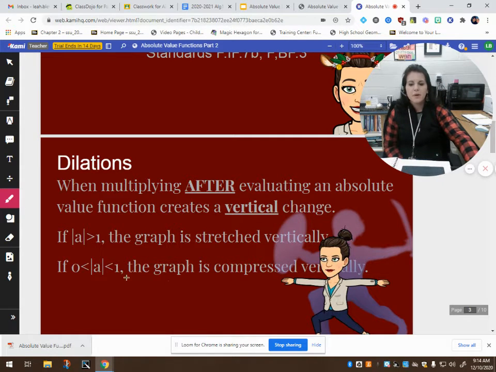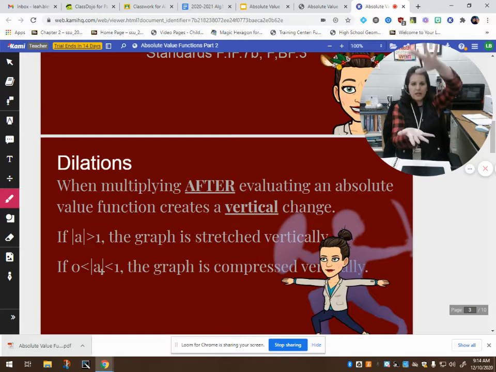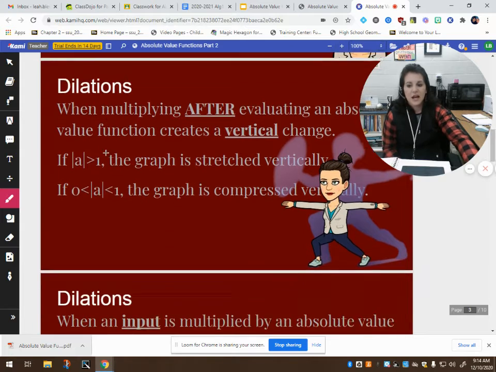But if that number, when I take the absolute value of it, falls between 0 and 1, then the graph is compressed vertically. I think of it like being smashed down. If you have a ball of Play-Doh and you compress it vertically, top and bottom, you're smashing it out. What happens? It gets wider. So this is a dilation.